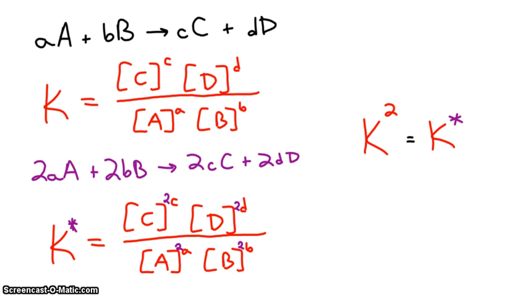Thus, when you multiply the chemical equation through by 2, the original equilibrium expression, K, is squared. Then you get the new equilibrium expression for the chemical reaction that you multiplied through by 2.